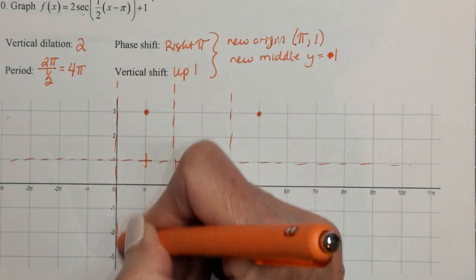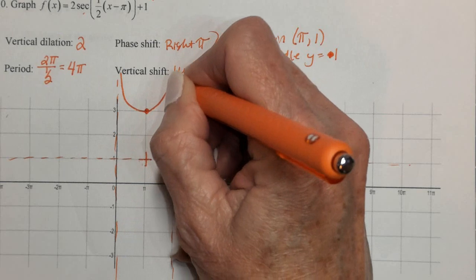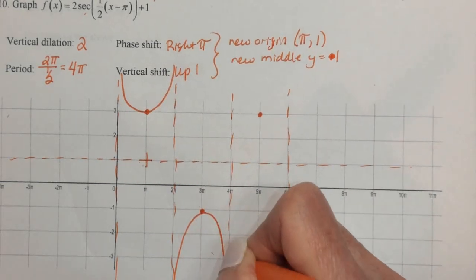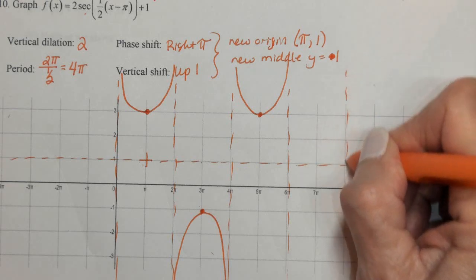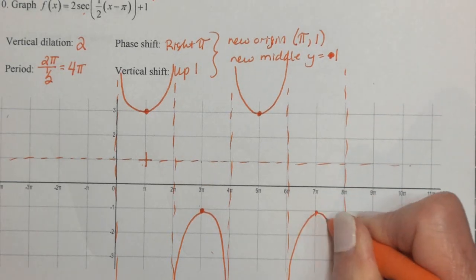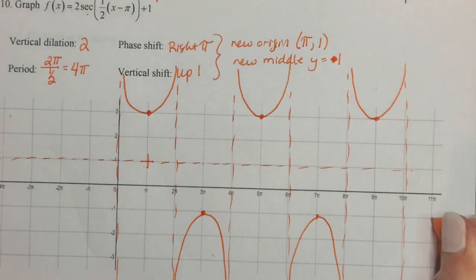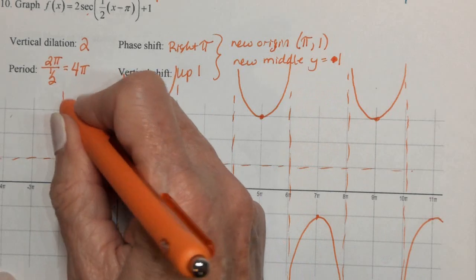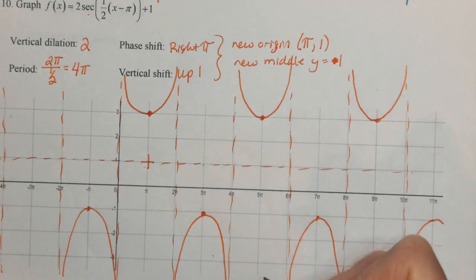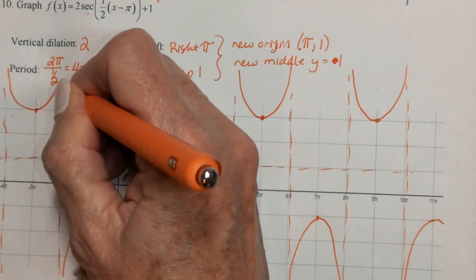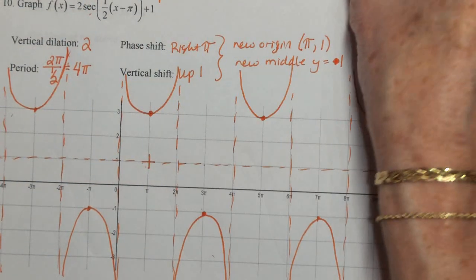That means we have a vertical asymptote right on the y-axis, and another there, and here is one period, and then we can keep on going and draw lots and lots more. Okay? All right. Very good.